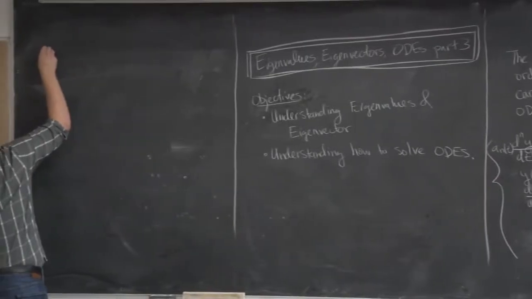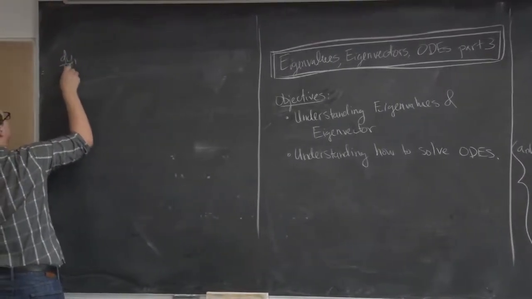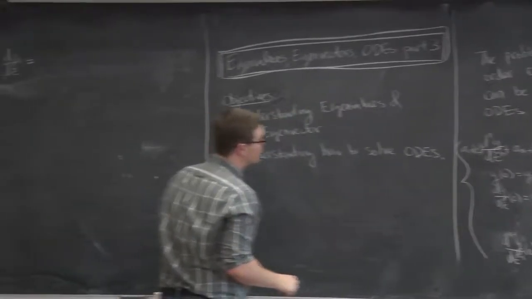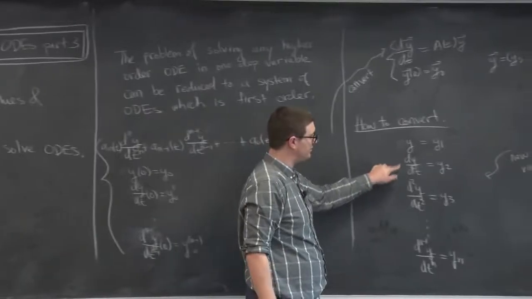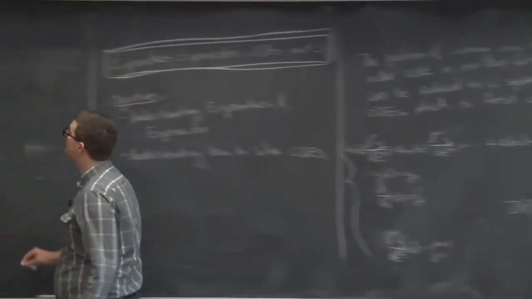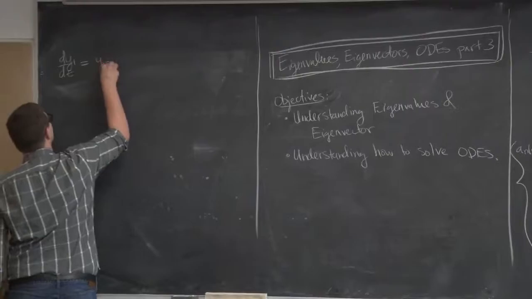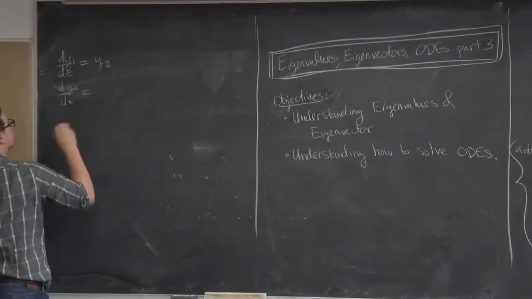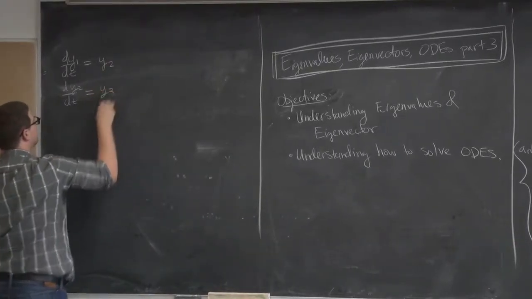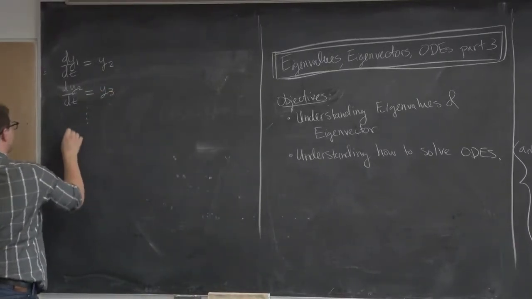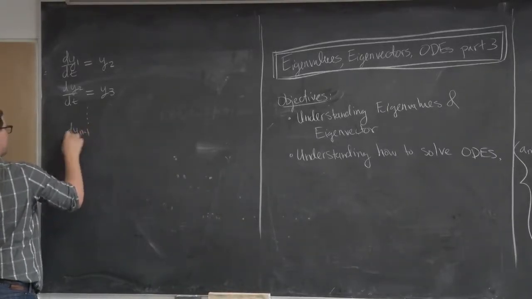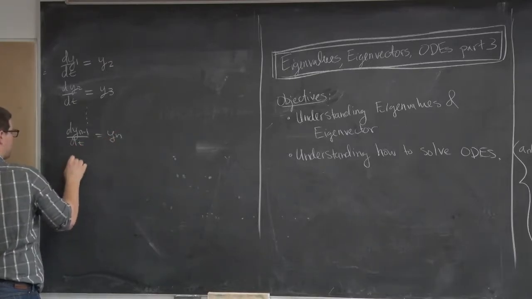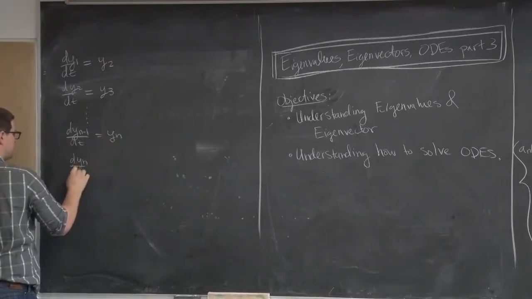So dy1/dt is just y2. dy2/dt is equal to y3, etc., until we get to dy_{n-1}/dt, which is yn. And then we have dyn/dt.